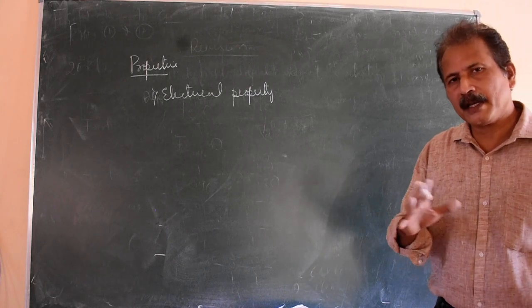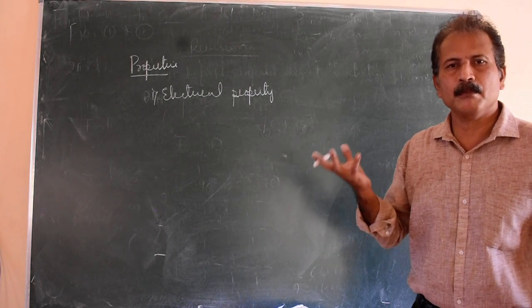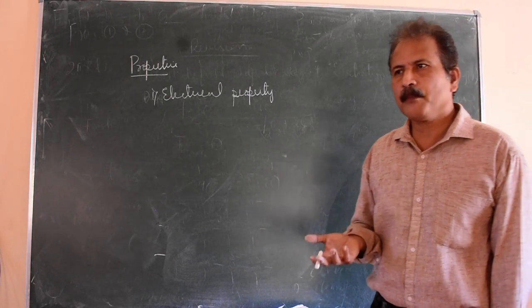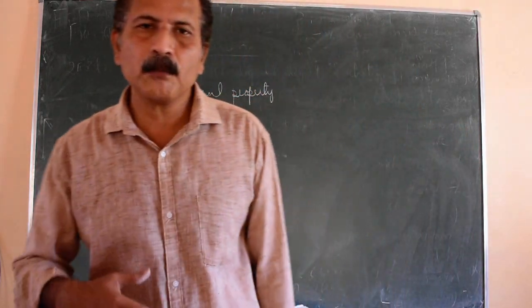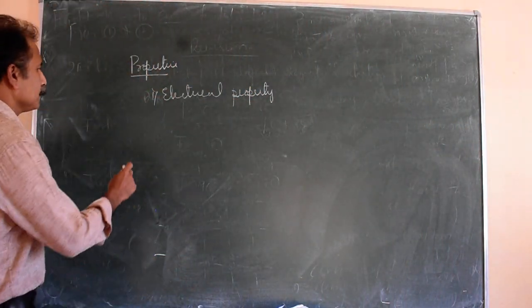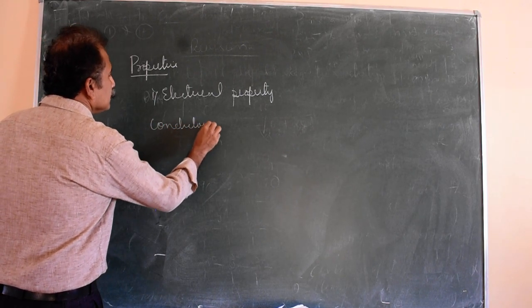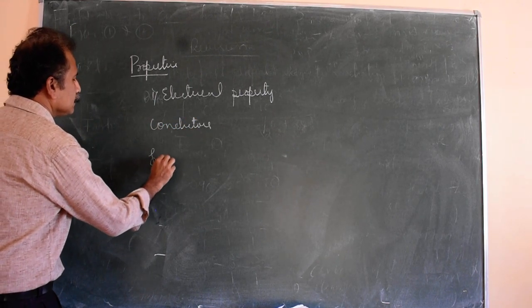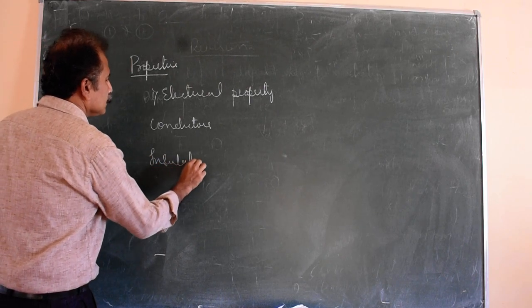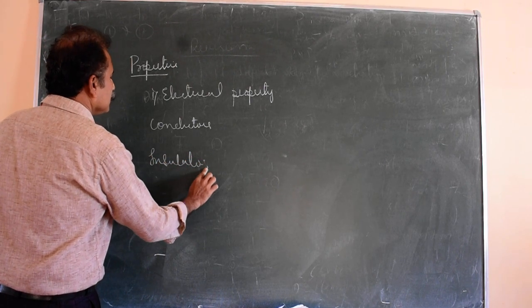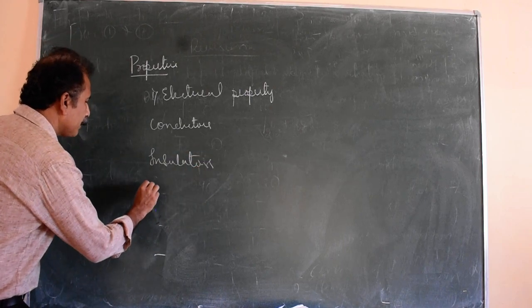So you take any solid, it will show you some conductivity, and depending upon the conductivity range, solids can be classified into three types: conductors, insulators, and semiconductors.